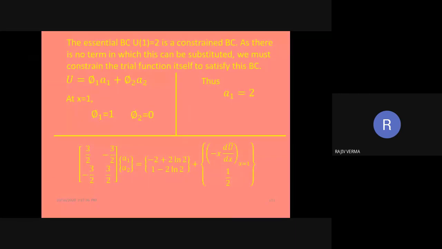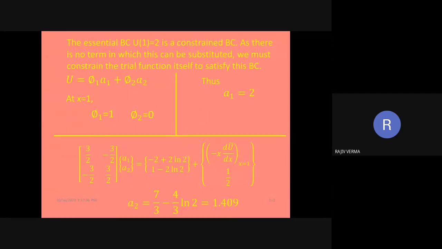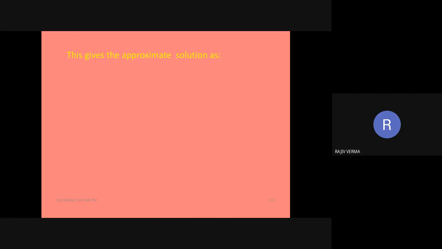So we can use the second equation to get the value of a2, which is going to be the parameter on display. So the net result is that now we know both a1 and a2. These are the expressions on display.